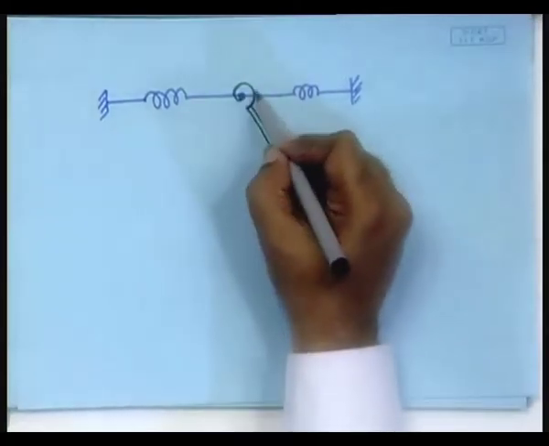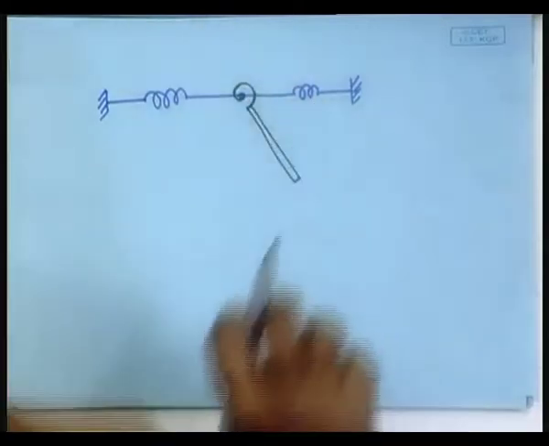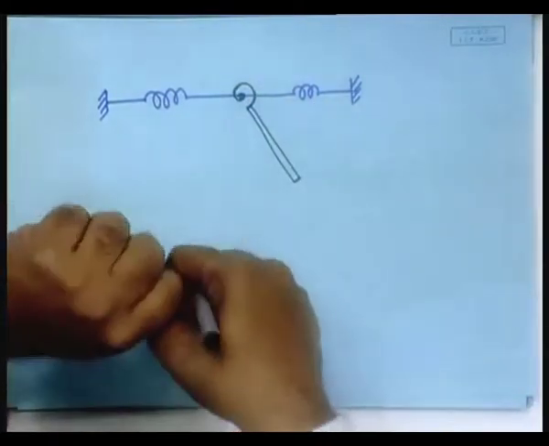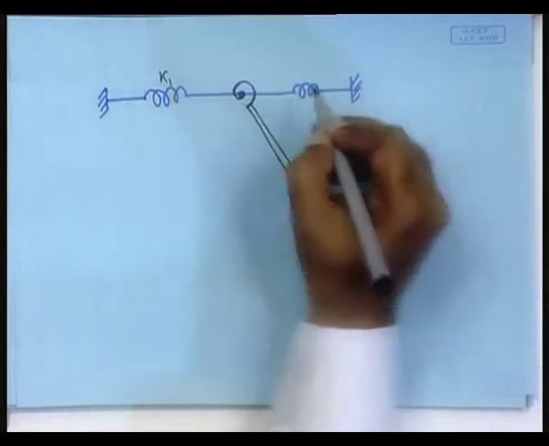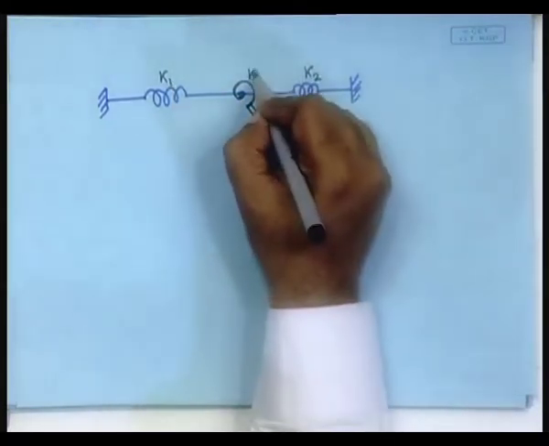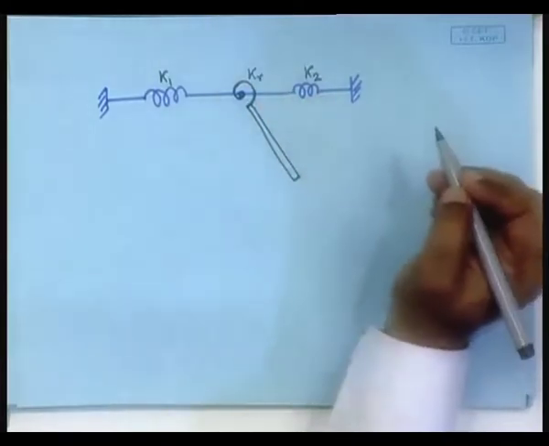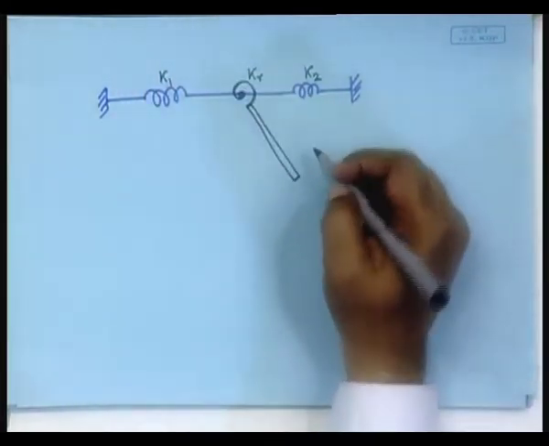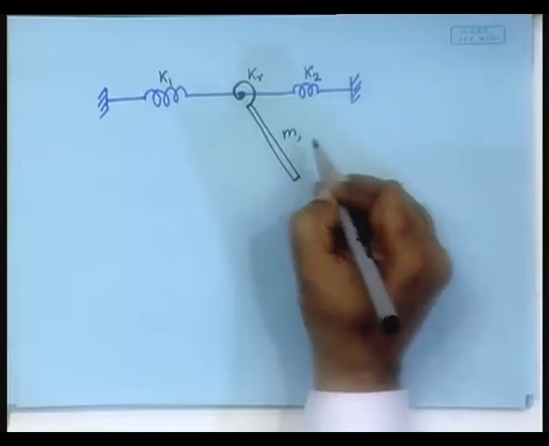So, this is a torsional spring that also gives a springy effect. So, how will you define in this case? You can say this is K1, this is K2, and this is the torsional spring, say Kr, rotational spring, and then it has a mass m, length L.